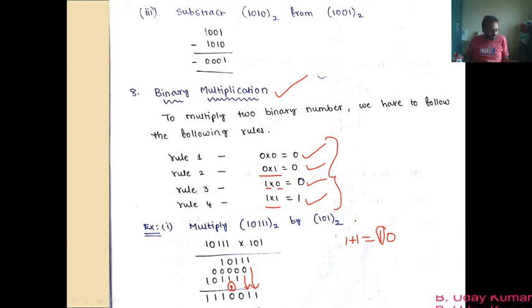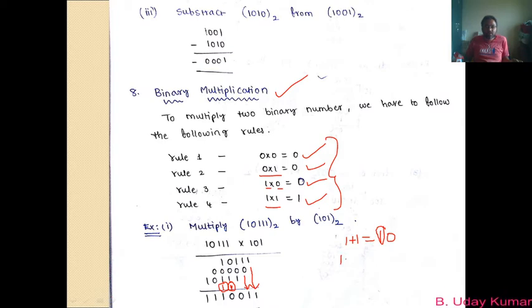Next, coming to the fourth column, you have 0 plus 0, which is 0, and 0 plus 1 is 1, and 1 plus 1 is again 10. Since it is 10, the 1 acts as the carry, and the 0 is written right below the fourth column. Similarly, coming to the fifth column, we have 1, 0, 1 and 1.